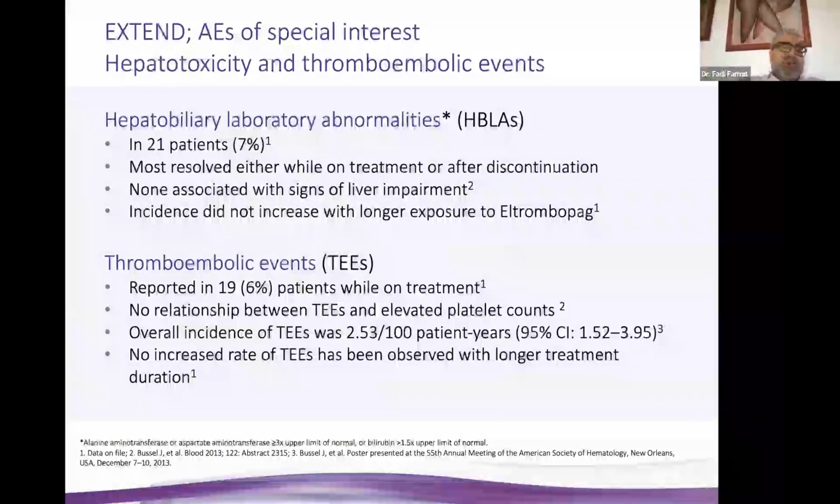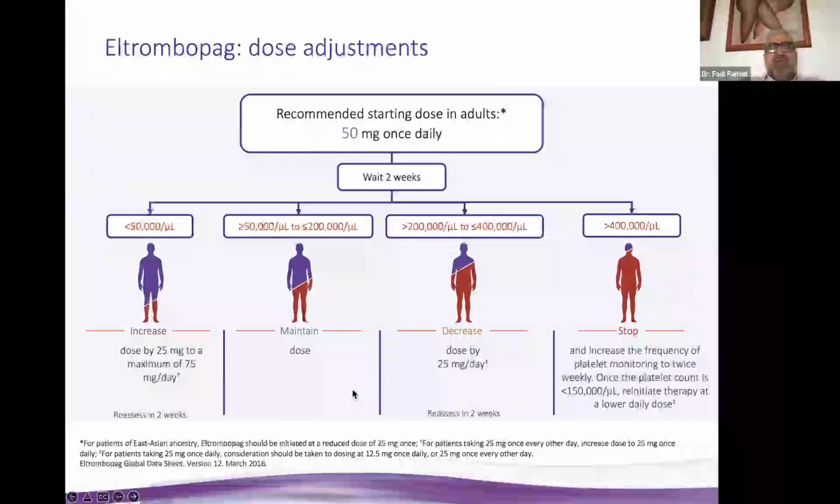And I'll skip this one because it shows some toxicity that we already know about, but nothing new approaching this known data. So the recommended dose is 50 milligrams once daily, and we keep it.